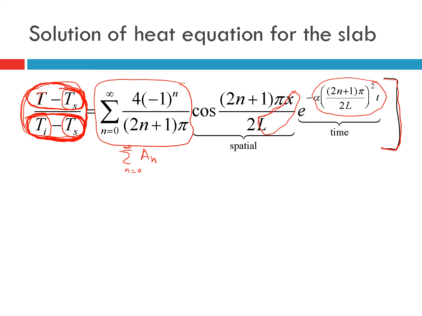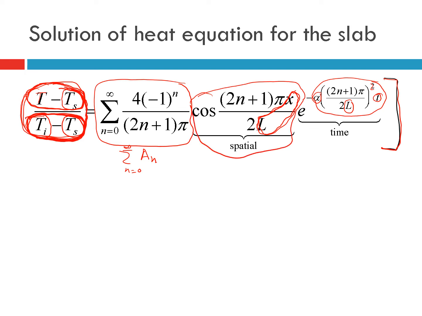Likewise, the position variable x over L is the fractional distance from the center, and alpha t over L squared is the non-dimensional time. Now you can see here that we have a cosine term, right?